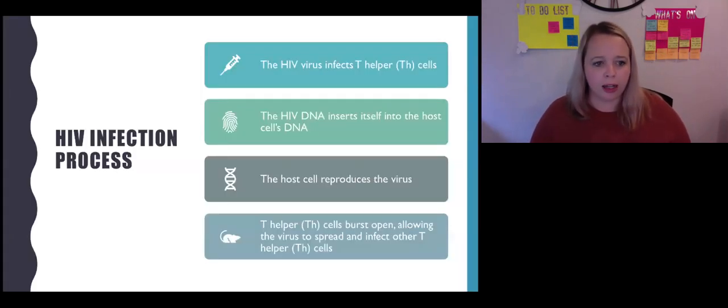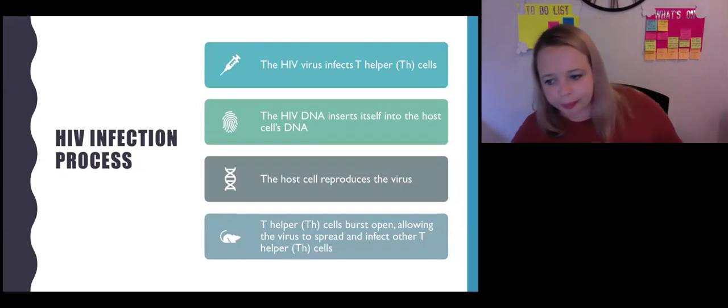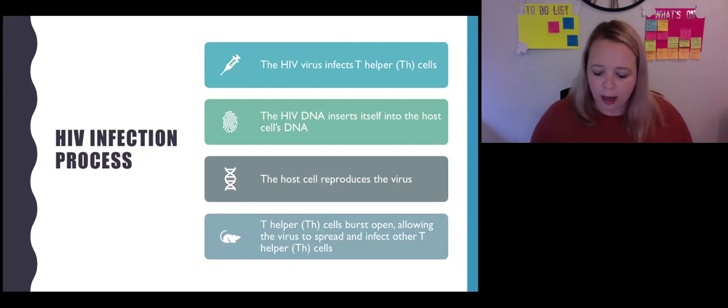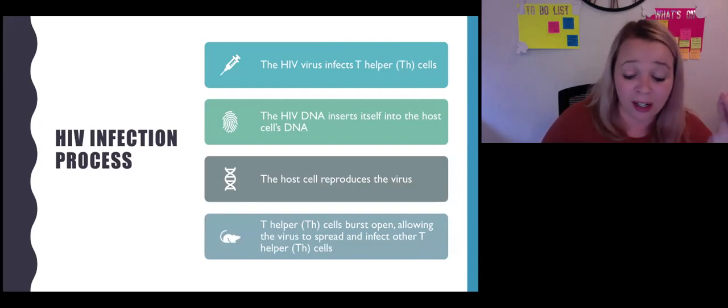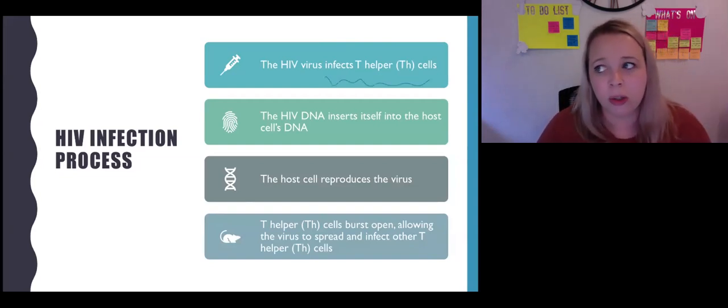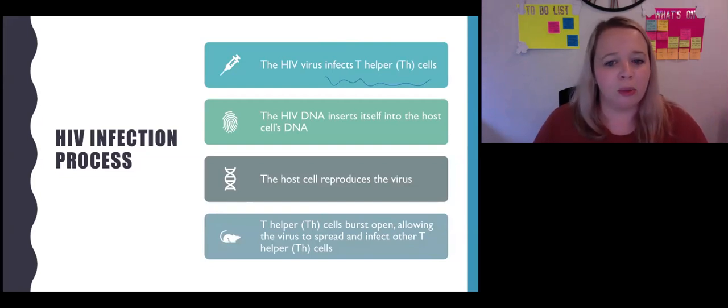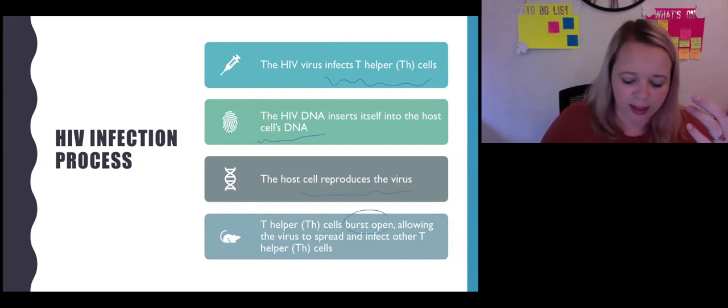And so here is the HIV infection process. Now I'm going to represent all of these in one diagram, particularly in class, to kind of link everything together. So in this case, the HIV virus actually infects T helper cells. Now, what do we know about viruses when they infect a cell? Okay, they insert their DNA, the host cell reproduces the virus, and then this happens.